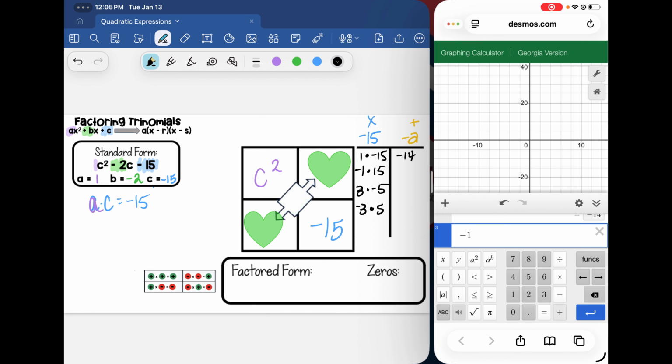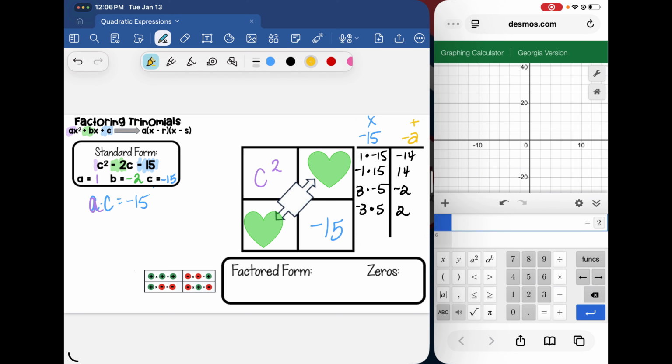Negative 1 plus 15 is a positive 14. 3 plus negative 5 is a negative 2. And negative 3 plus 5 is a positive 2. So which two numbers do I want to use? Hopefully you said these two.